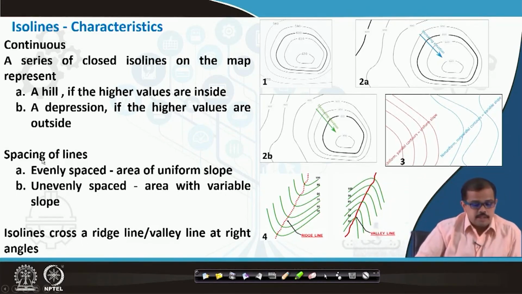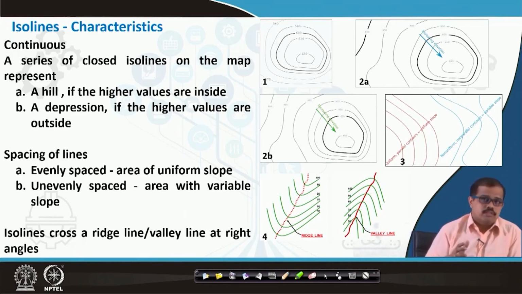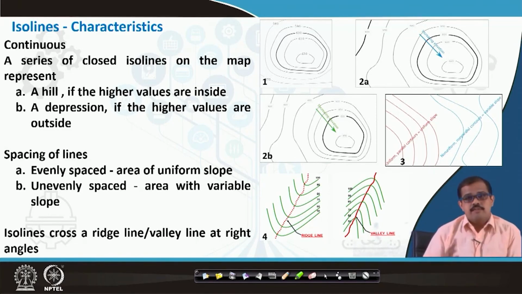Okay. Then spacing of lines. There are people who have developed isolines, who have developed contours, but a very important point they forget is how you space a line. A line should be evenly spaced with area of a uniform slope. So that is extremely important. The slope should be extremely uniform.